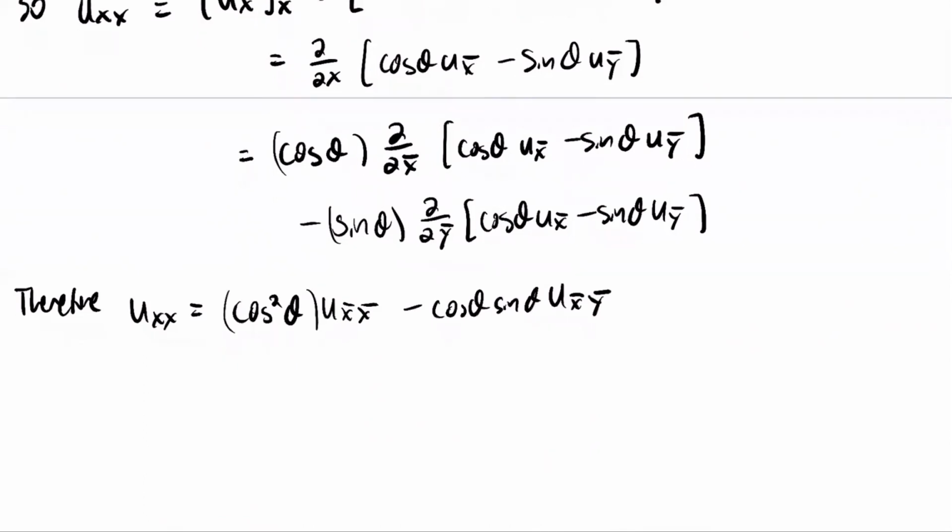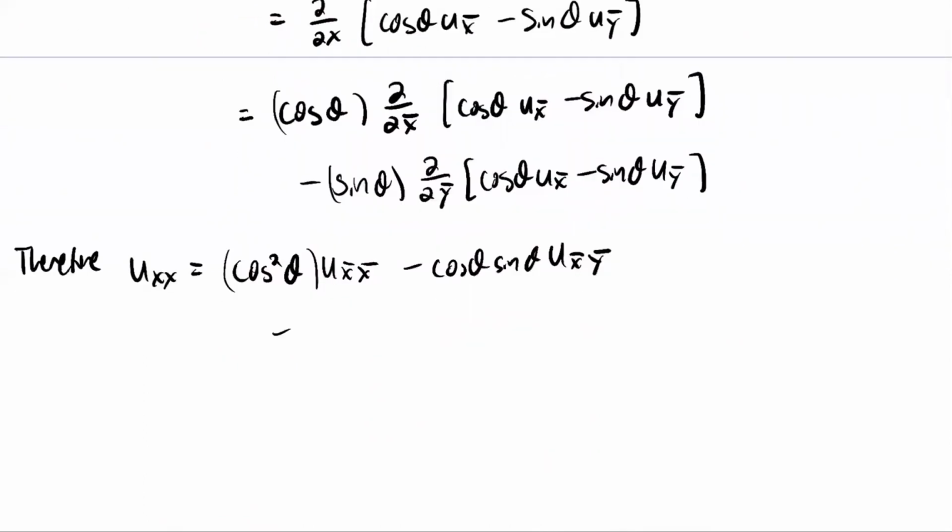Then I have two more terms: minus sine theta cosine theta u_x bar y bar, and finally plus sine squared theta u_y bar y bar. All that work tells us what the second derivative with respect to x looks like.